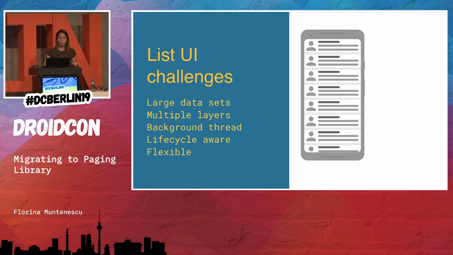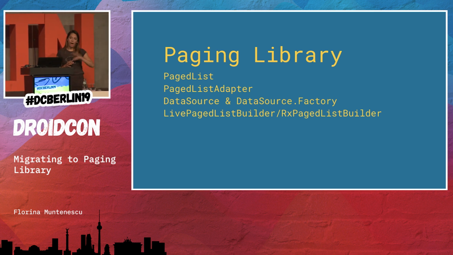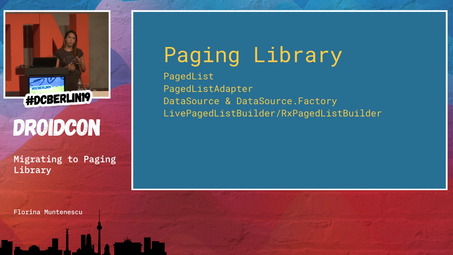So all of these challenges are what we had in mind when we built the paging library. The paging library has several main components, and today I want to go over all of these components and see how to work with the paging library. Because of all of these challenges, you'll see that the paging library might seem quite complex.